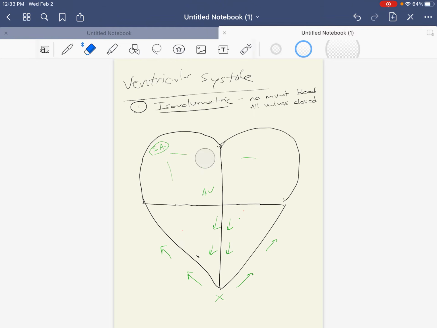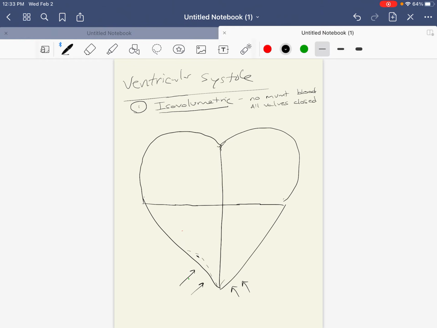Because of how that nerve impulse travels, because the nerve impulse gets to the apex or bottom of the heart first, when the ventricular walls begin to contract, only the bottom part of the ventricular walls contract.